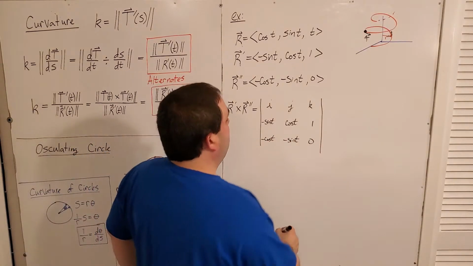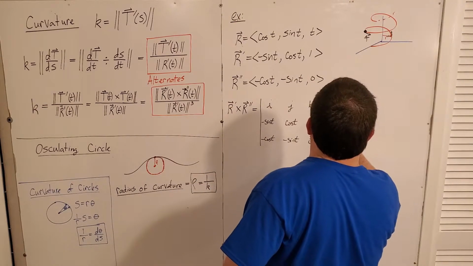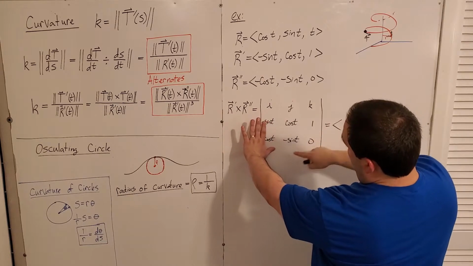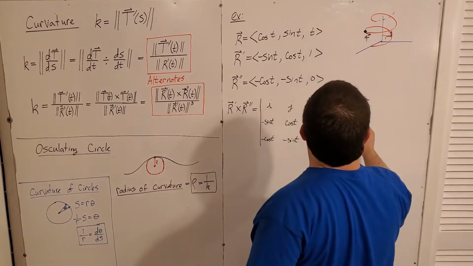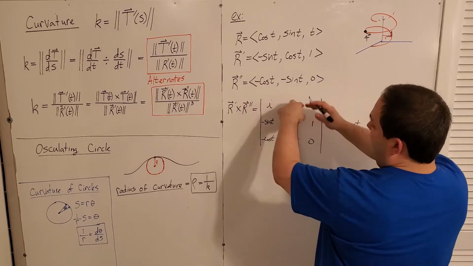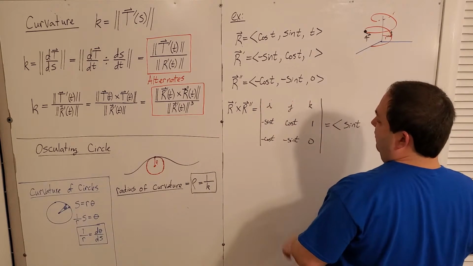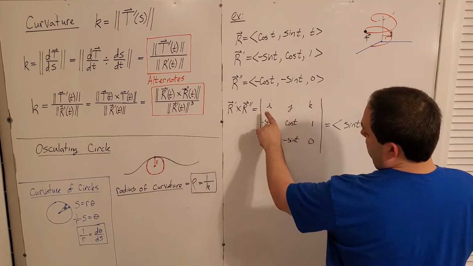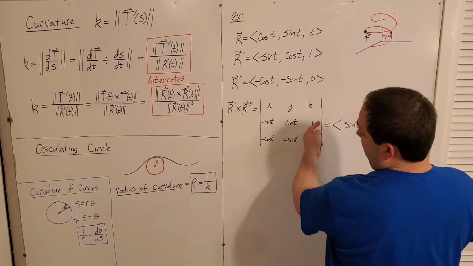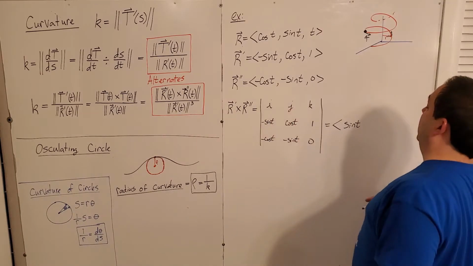And now let's do our determinant here. For my i vector, I've got 0 plus sine, so sine t. For the j, don't forget it's alternating, right? So this will be negative, but it's going to be 0 minus negative cosine, right? So it would have been cosine, but it alternates back to negative.